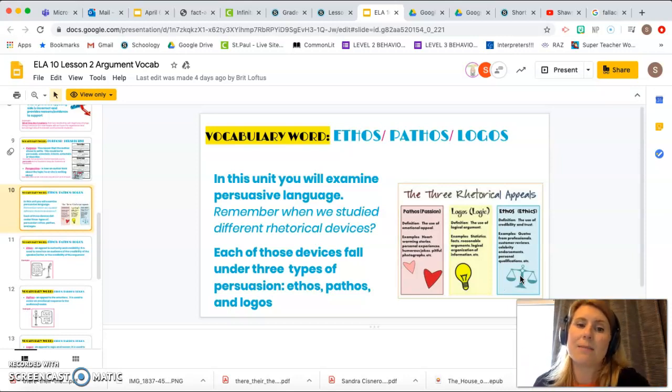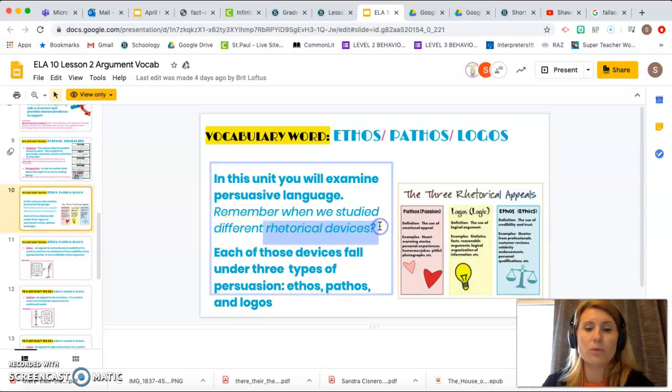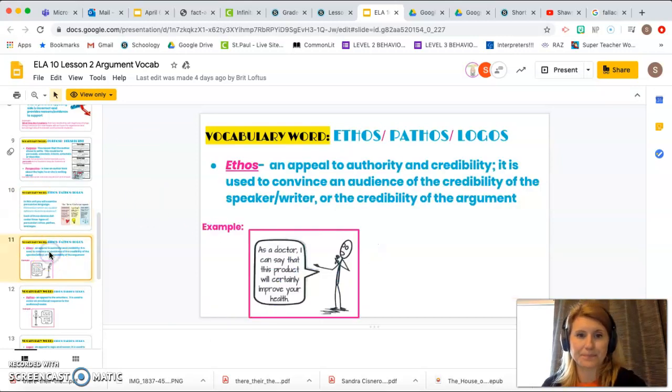We're going to be examining these. These come under the same thing as rhetorical devices. Remember when we were talking about rhetorical devices at the end of quarter 2, I think? So this falls into that category as well. So we've got ethos, pathos, and logos. Let's take a look. The first one we have is called ethos.